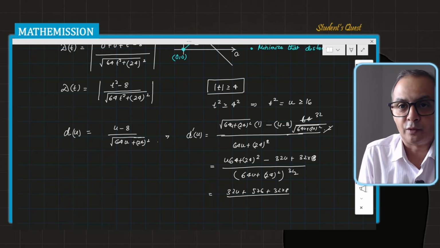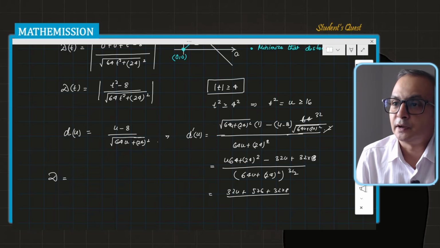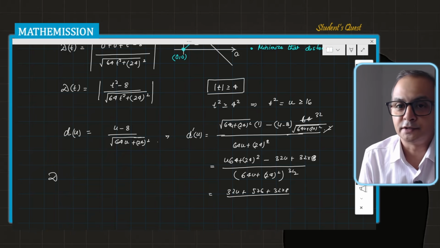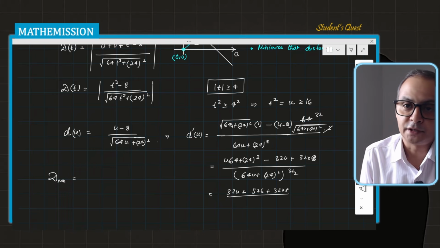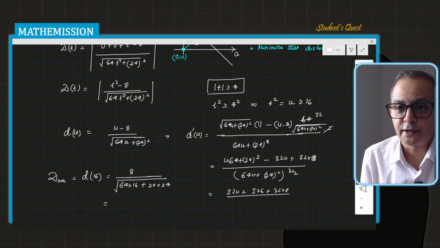So the distance d will become minimum at, let me write, d min is going to be d of 16. So I'll get 8 on the top, and in the denominator I have 64 into 16, plus 24 into 24, all under a square root, by the way.